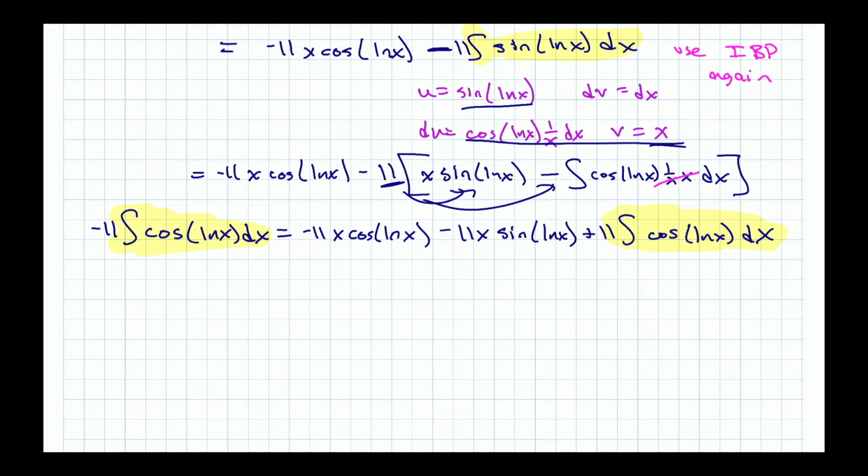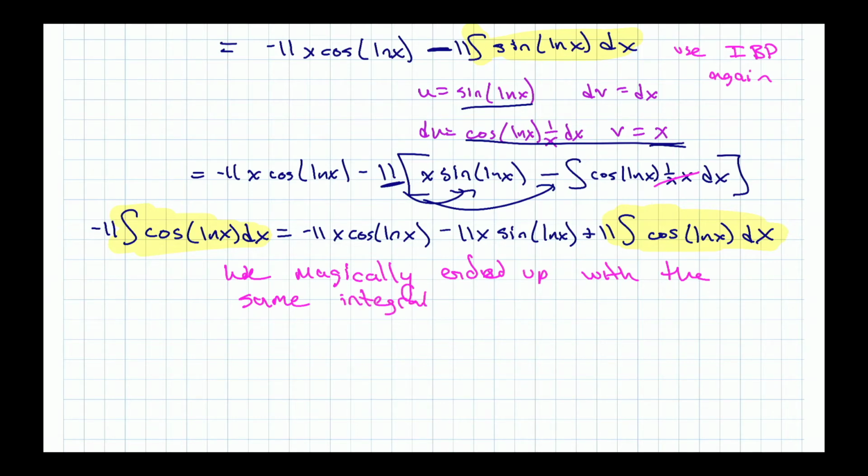But you did, because if you're very sneaky, we just did something very clever. What we did was integration by parts twice. We magically ended up with the same integral. Now, if you write it all out as an equation like we did, we have the same integral on both sides of the equation.